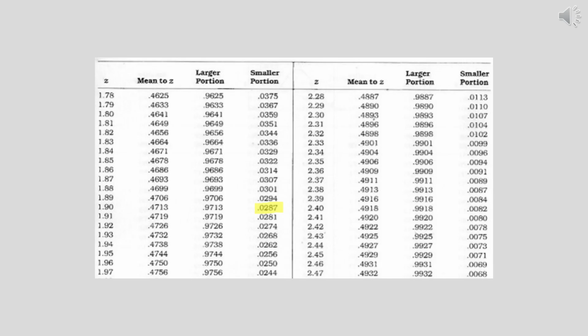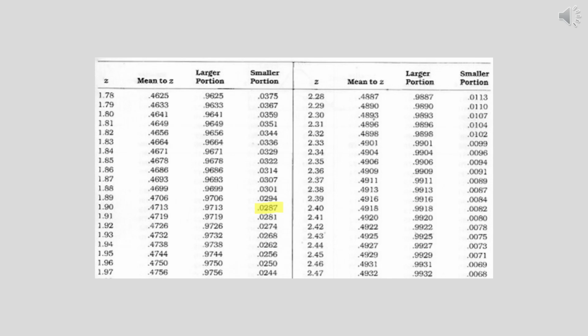Okay, so that corresponds with 2.5% of the distribution on the higher tail and 2.5% of the distribution on the lower tail. And so in that case, when you're looking at this normal distribution table, you'd actually want to see if the p-value associated with the z-score of 1.90 is above or below the value of 0.025.